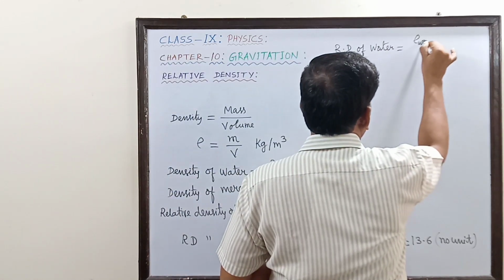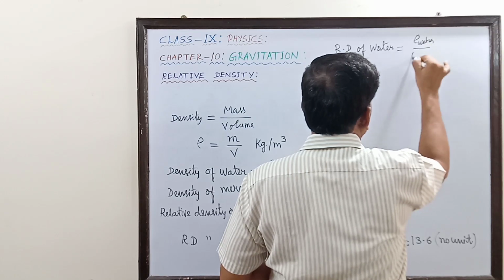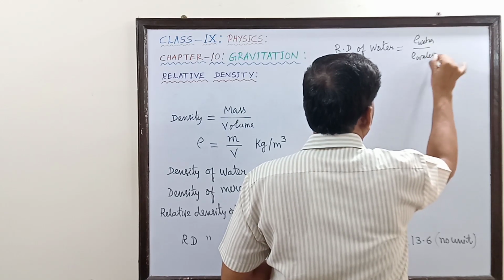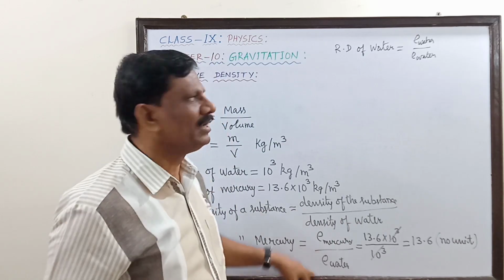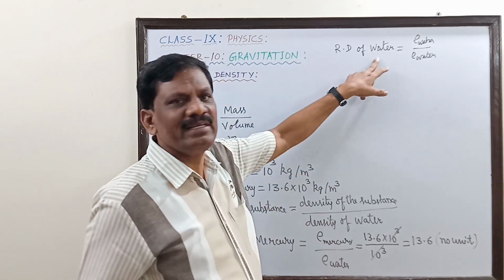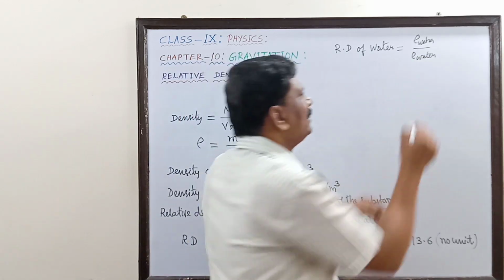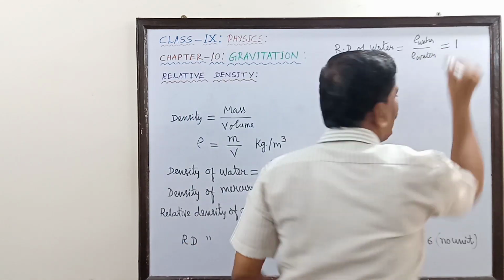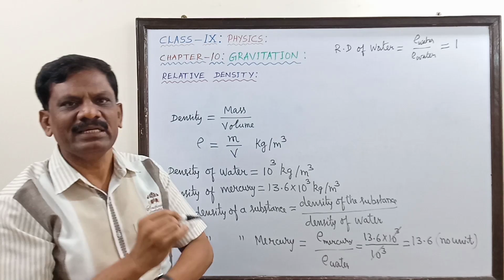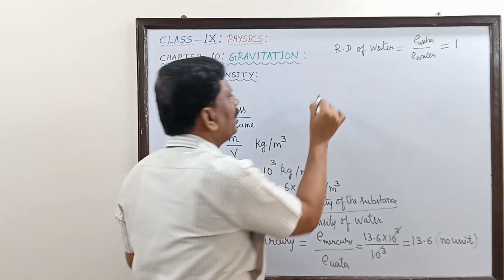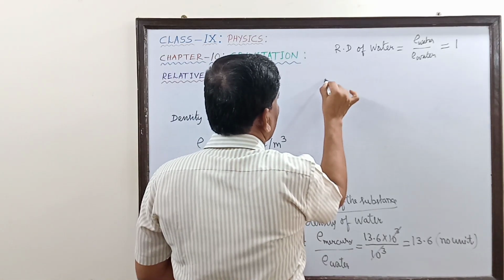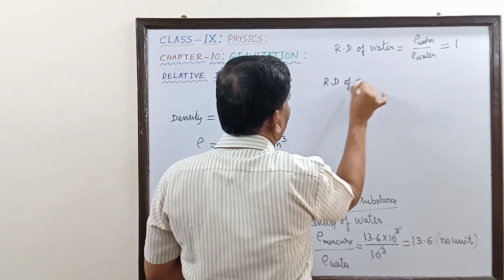Density of water divided by density of water. Denominator is water. Here numerator is also density of water, because relative density is the given substance divided by water. And this is equal to how much? 1.